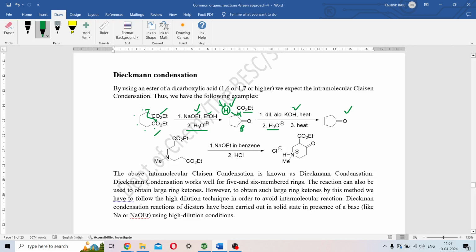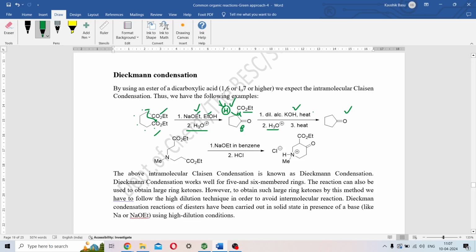So this is a technique for synthesis of ketones, cyclic ketones, starting from the diester. If we start from, say, adipic acid diester like diethyl adipate, or the pimelic acid diester, diethyl pimelate, then these reactions are more or less good yield.